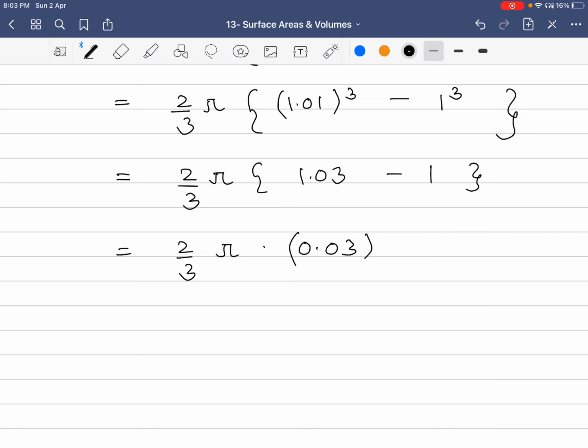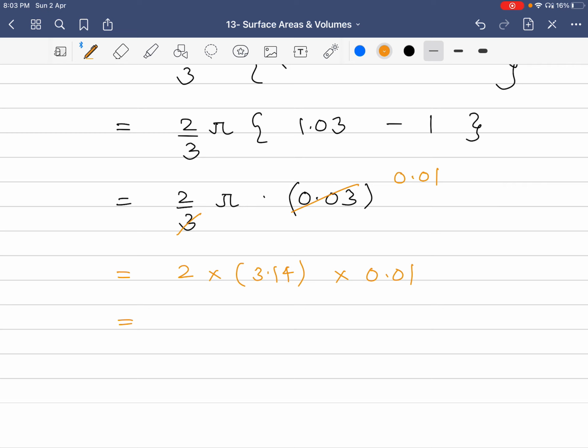Once again, the 3s will cancel each other out, so 0.03 divided by 3 gives 0.01. Now let's write pi as 3.14. 2 into 3.14 is 6.28, multiplied by 0.01, and that is going to be equal to 0.0628.